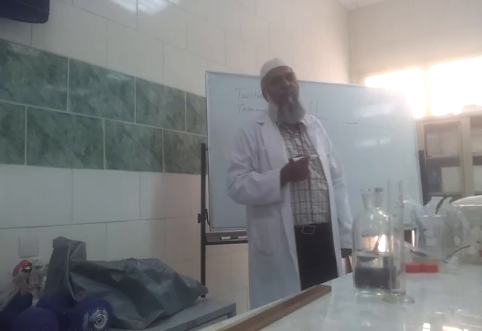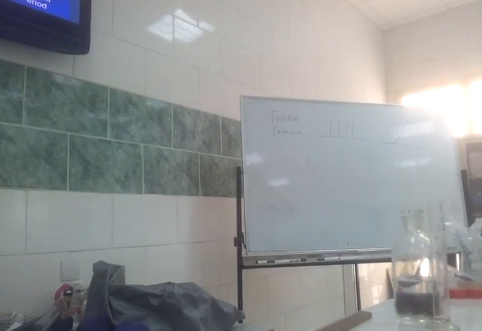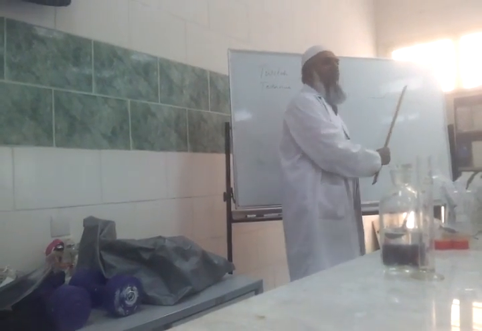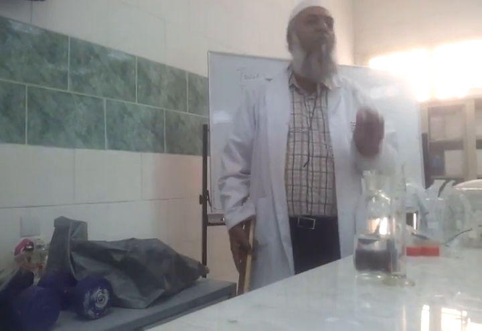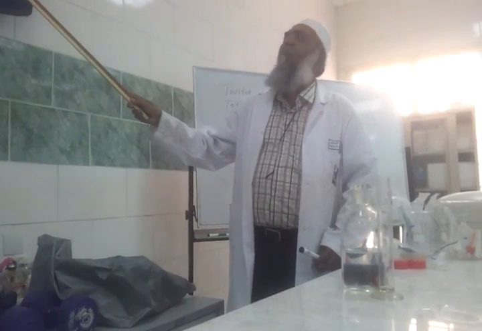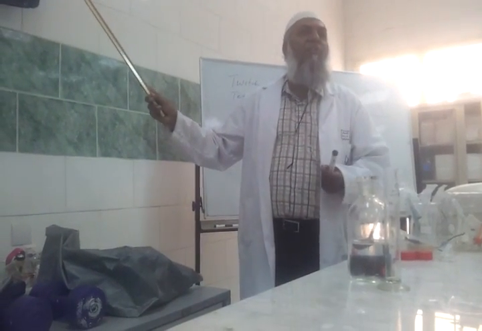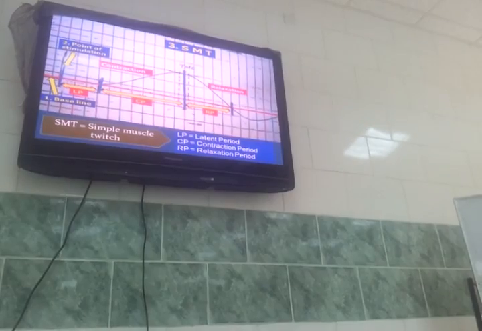So both are responses of the muscle to a single stimulus, but whether it is in the form of a single line or in the form of a curve is mainly because of the movement of the paper, and here we keep the paper moving at a particular speed. That's why we got the response in the form of a curve.